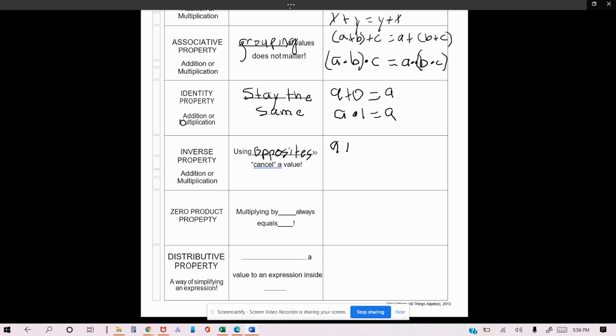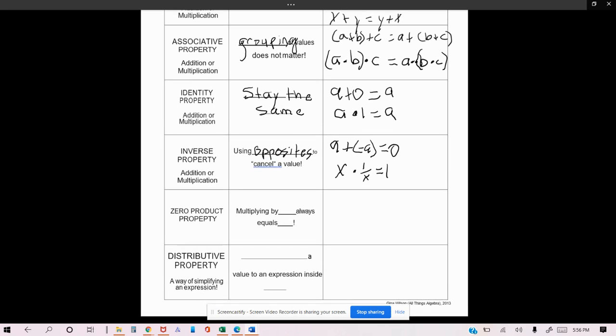A plus negative A equals 0. X times 1 over X is equal to 1. So we're canceling things out with the opposite. If you take 1 plus a negative 1, it becomes 0, because you're essentially adding 1 minus 1, and 1 minus 1 is 0.